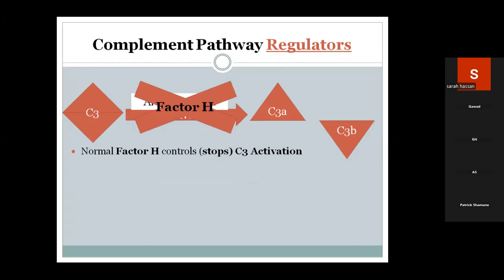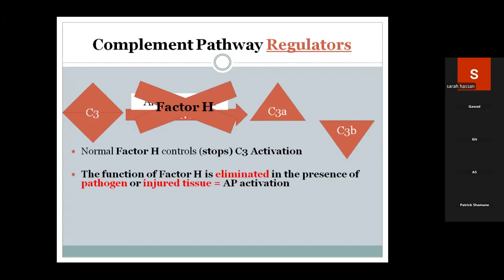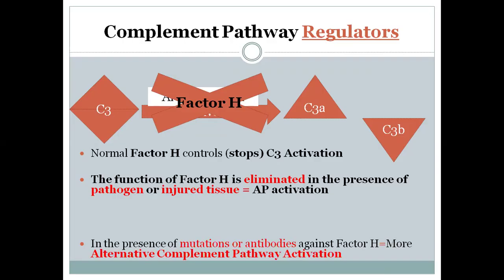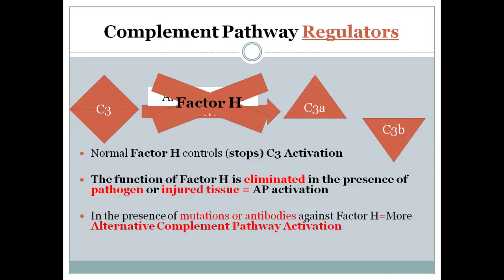The function of factor H is eliminated in the presence of pathogens or injured tissue, causing activation of the common complement pathway, and in the presence of mutation or antibodies against factor H, more alternative complement pathway activation will occur.